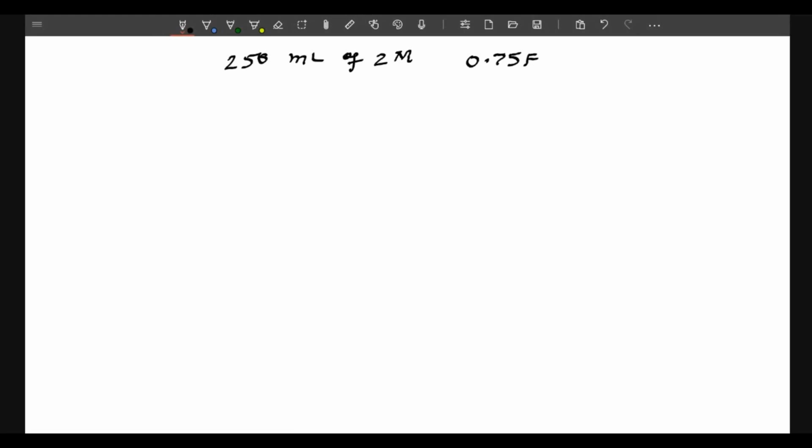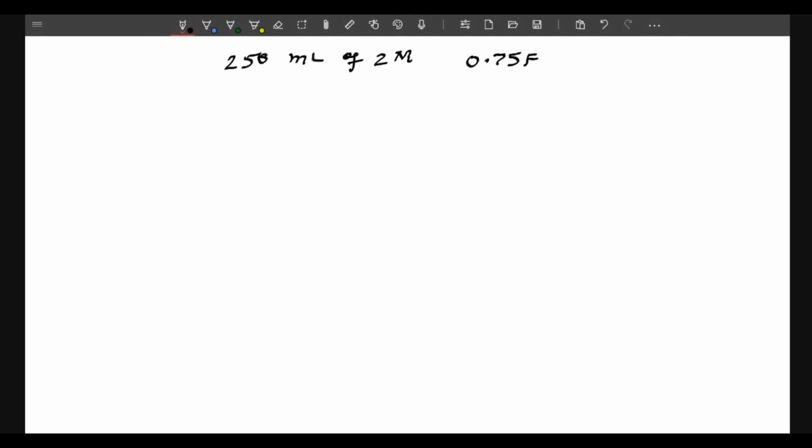Calculate the molarity of the copper sulfate solution remaining after electrolysis. Here it is not 1 liter of 2 molar copper sulfate, it is given as 250 ml of 2 molar copper sulfate solution.